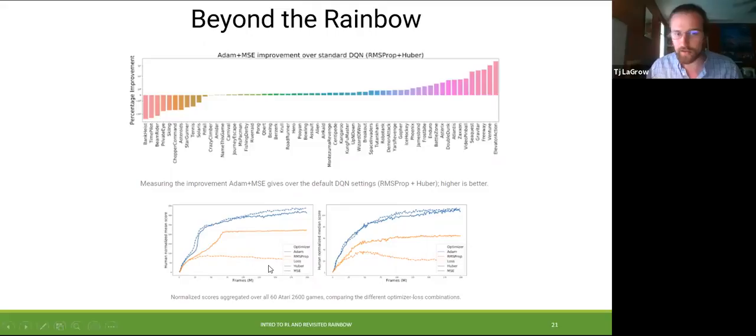Here it's a little small to see, but what they're trying to show is that in blue, Adam is performing better than RMSProp, and that the MSE is performing better than the Huber loss. These are the 57 games as well, showing the improvement by using Adam plus MSE rather than RMSProp and Huber loss.